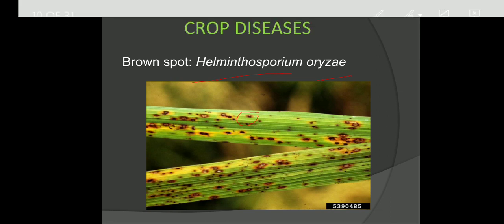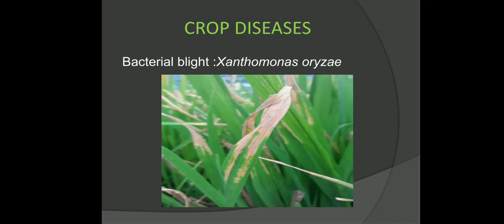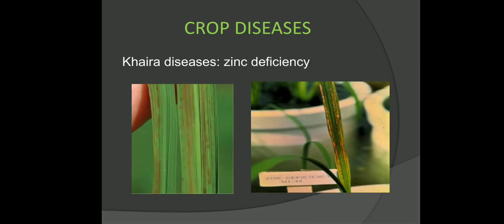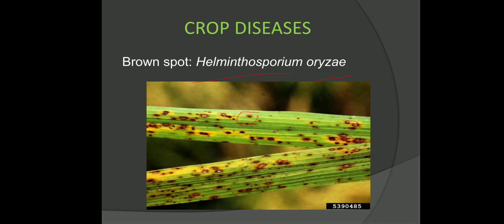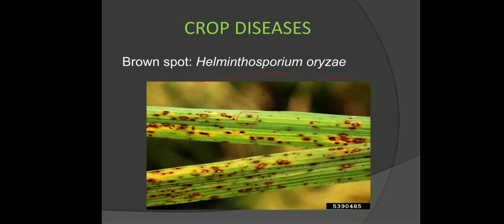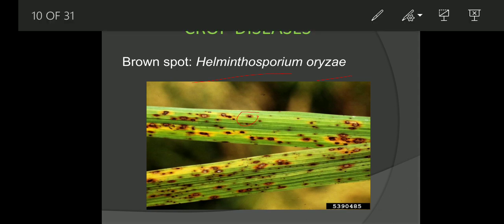In blast, caused by Pyricularia oryzae, the spots are bigger, whereas in case of brown spot, the spots are smaller in size. Thus, we can distinguish between blast and brown spot. So keep it in mind.